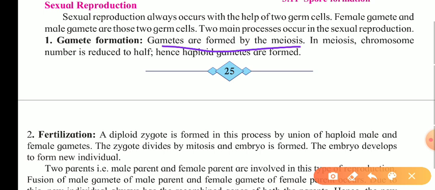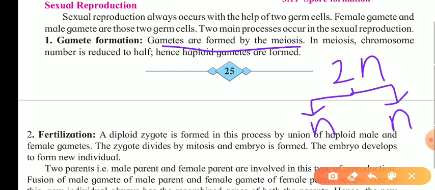Generally, the chromosomes in the cell are present in pairs. If I am talking about one cell, then 2n is the number of chromosomes in the parent. If it goes through the process called meiosis, then two new cells will be formed with the number of chromosomes as n. So this will be the number of chromosomes in the daughter cells after the meiosis type of cell division.